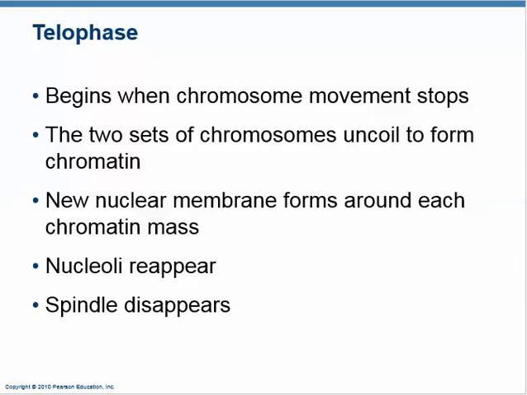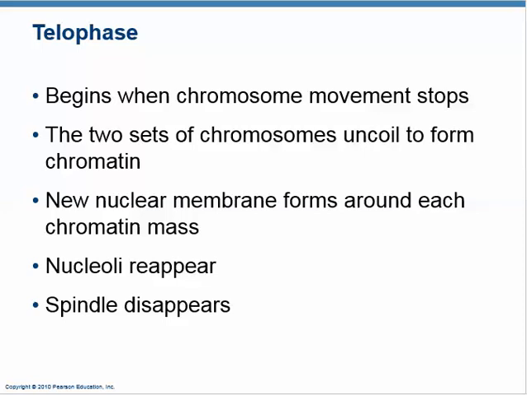The next phase is called telophase. Telophase is when the movement stops, when the chromosomes have reached opposite poles. And it's basically prophase in reverse. So then what happens is the chromosomes start to uncoil and become chromatin again.